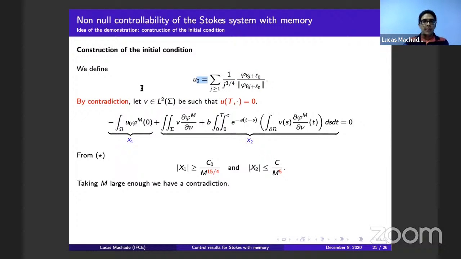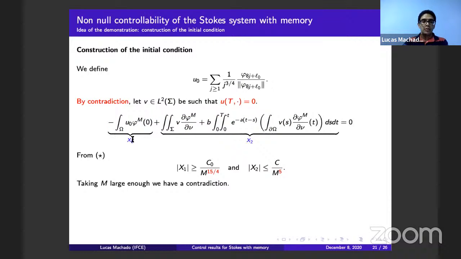By contradiction, if you admit that there is a control v such that at the final time the solution is null, that is, u at time T is null, from the equations we get this identity.